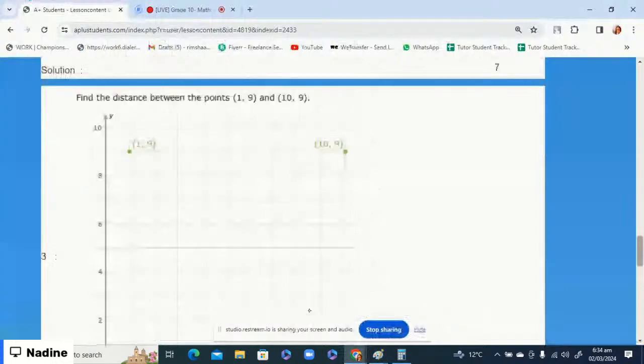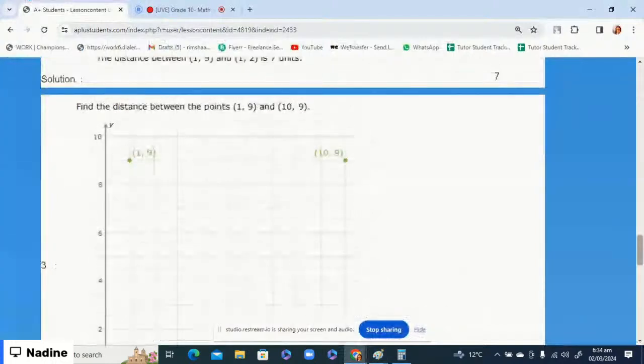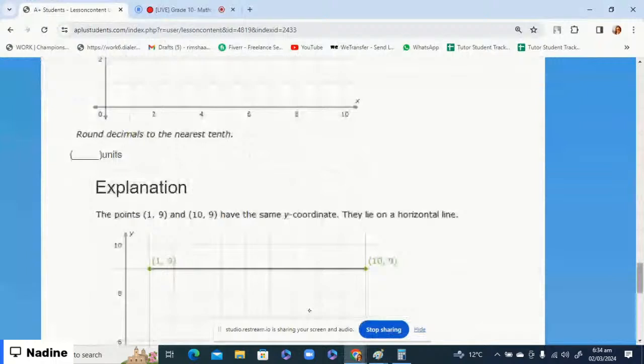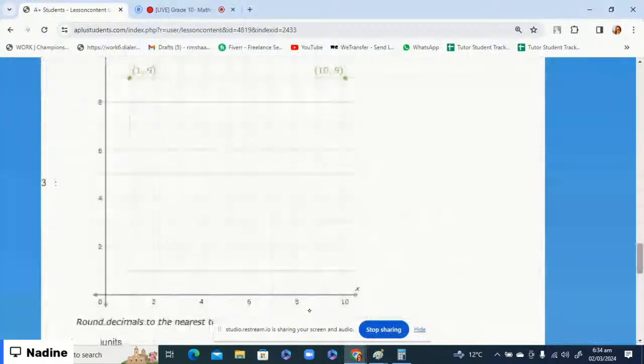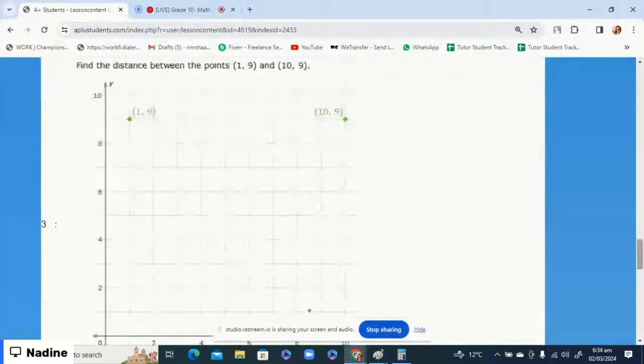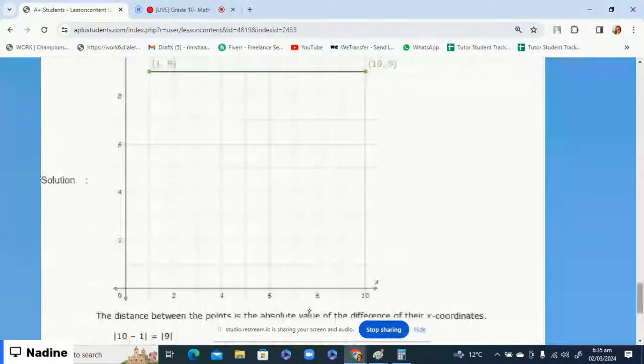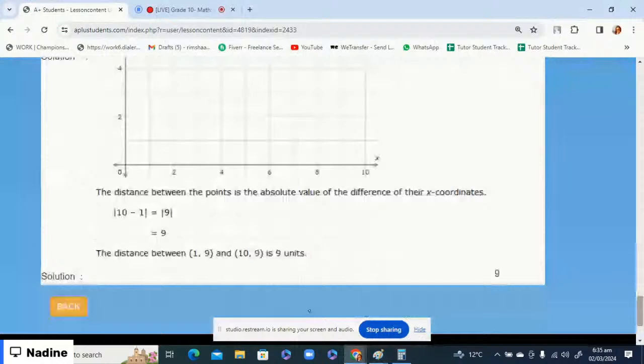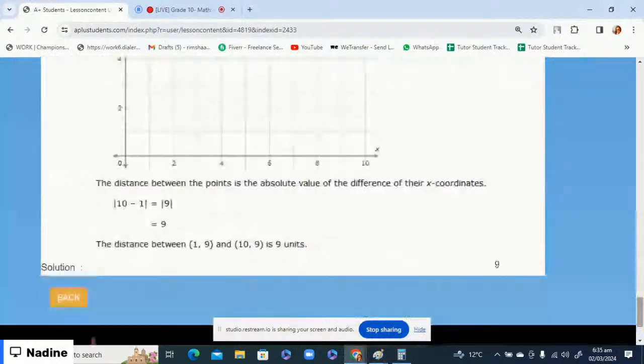So here, the distance between the points (1, 9) and (10, 9). When you draw these points on the graph, 1, 9, and here is 10, 9. So this is the distance. What is the x coordinate for (1, 9)? It's 1. What is the x coordinate of (10, 9)? It's 10. So x2 minus x1, 10 minus 1. What is the answer? This is 9. And the absolute value is also positive, so we write it as it is.